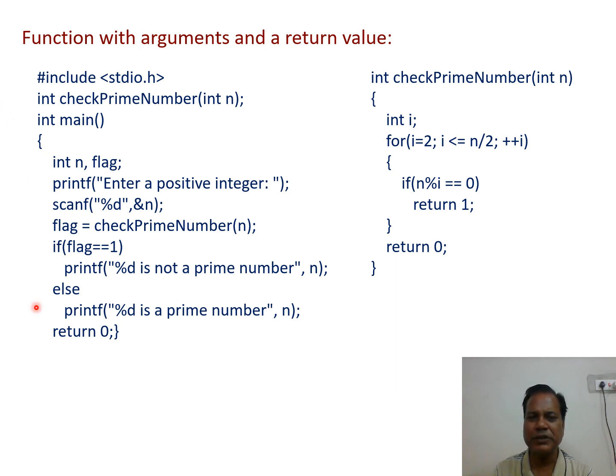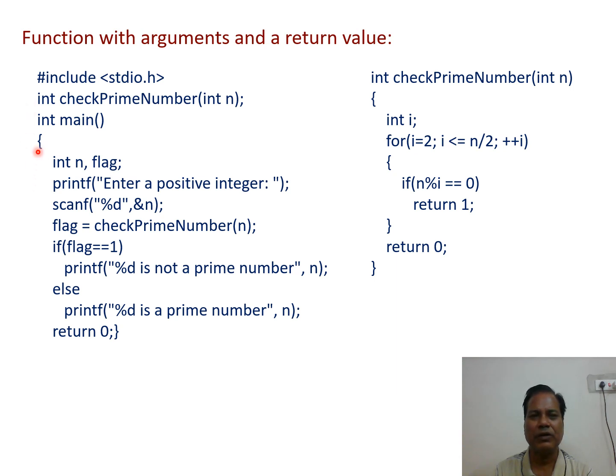But in this example program we see that for int check prime number there is a parameter list, so this function has an argument list, and also the int keyword is written before the name of this function. It means that this function is returning a value to the calling function.